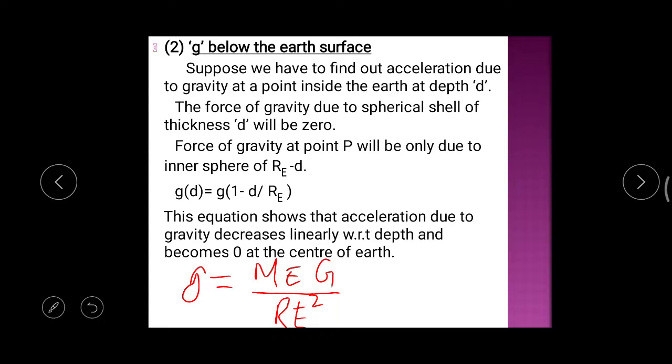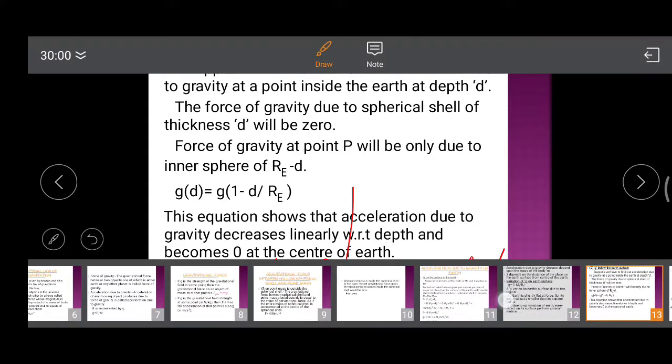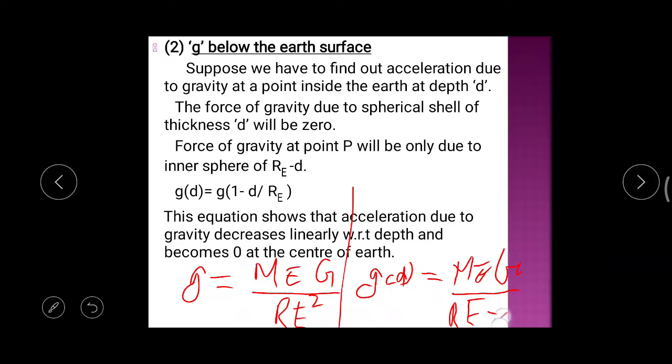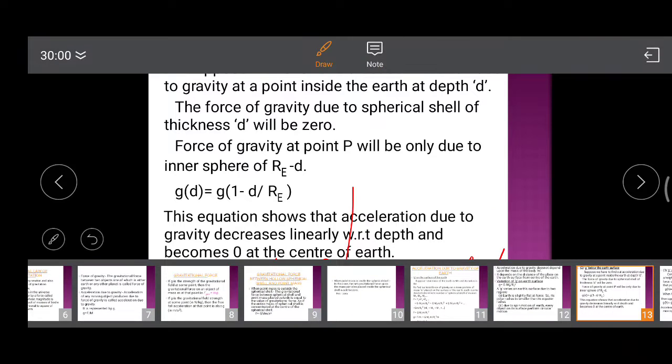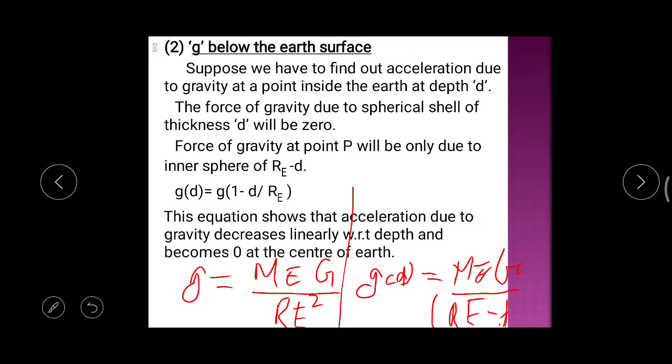Now suppose at a depth d, the g of d will be equal to G M_E divided by (R_E - d) the whole square.